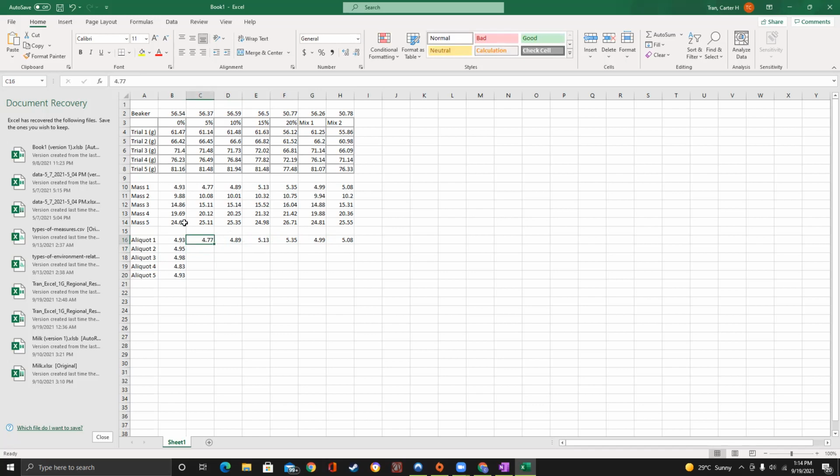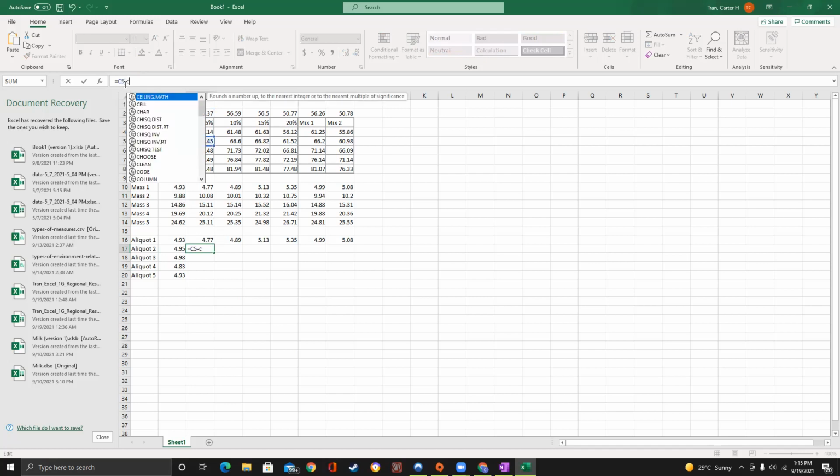Then what I think we can do is this was that. So what we can do is equals C5 minus C2 minus C10.